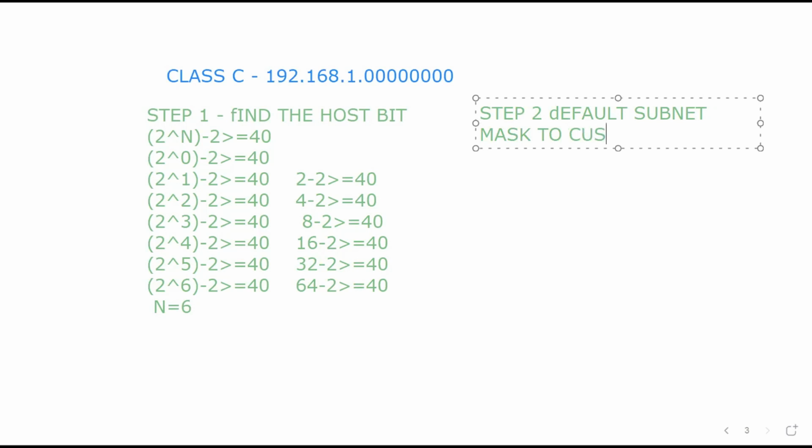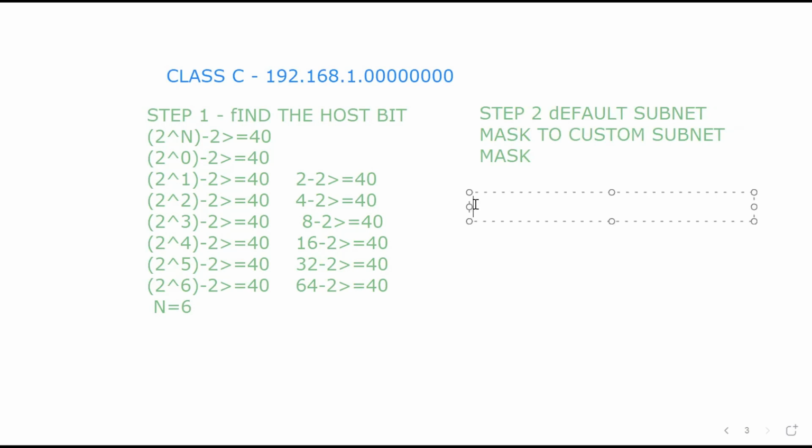How will we do it? What is the class C subnet mask? 255.255.255.0. Okay. Network bits go left to right, and host bits go right to left.